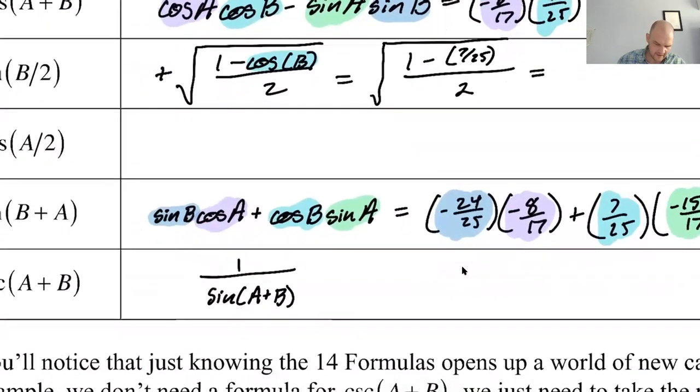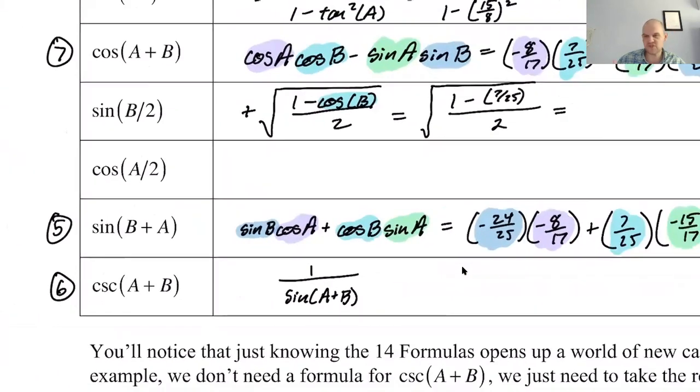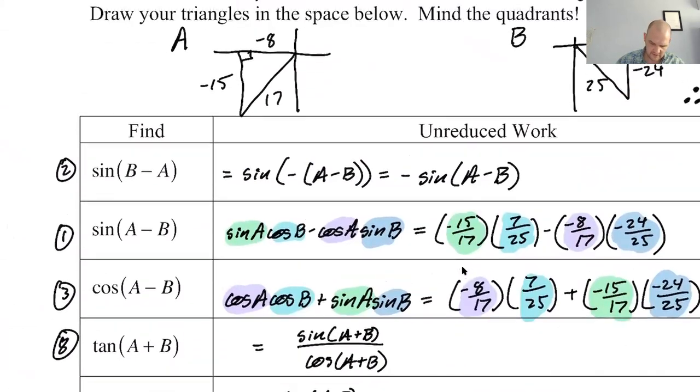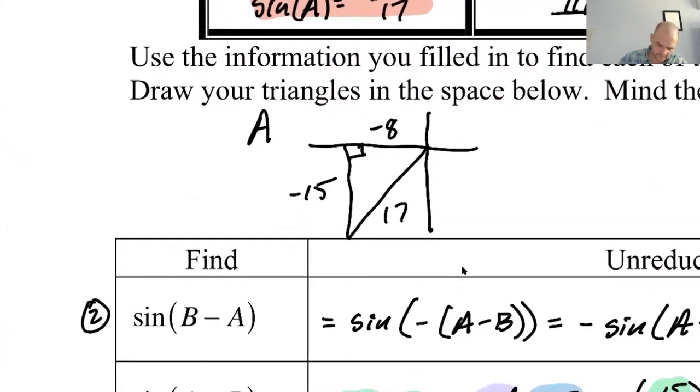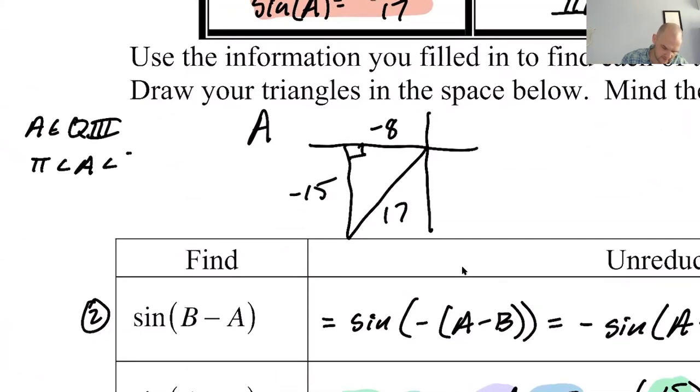And then cosine, we have to do the same sort of analysis. Where does a over 2 put us? A is an element of quadrant 3. Assuming a is between 0 and 2 pi, a big assumption, but we're going to make it, a is between pi and 3 pi over 2.